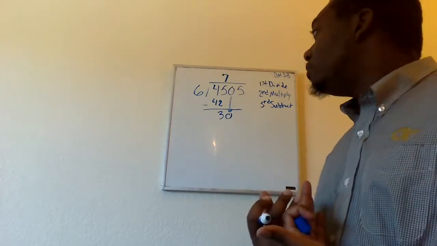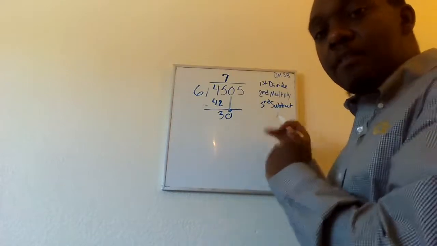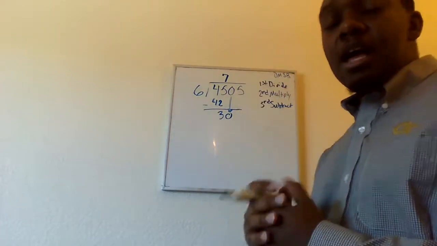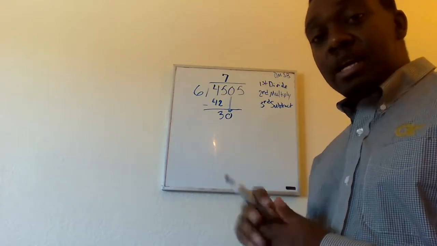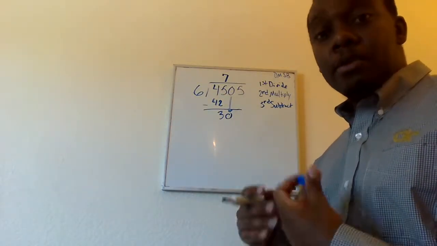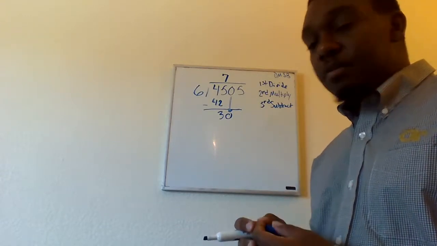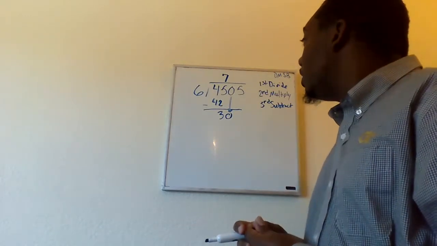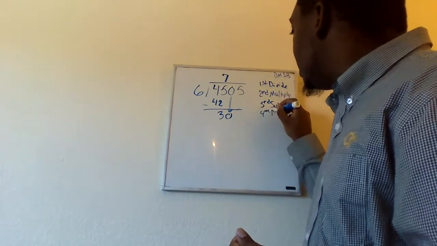Personally, I prefer to bring down the remaining digits, all of them, so you can keep track from there instead of having to go all the way back up. However, most of you are used to this form and this notation of bringing down one digit at a time. So therefore, I'm going to use that. Also, many books use it that way as well. So that was the fourth step, we brought down the next digit.